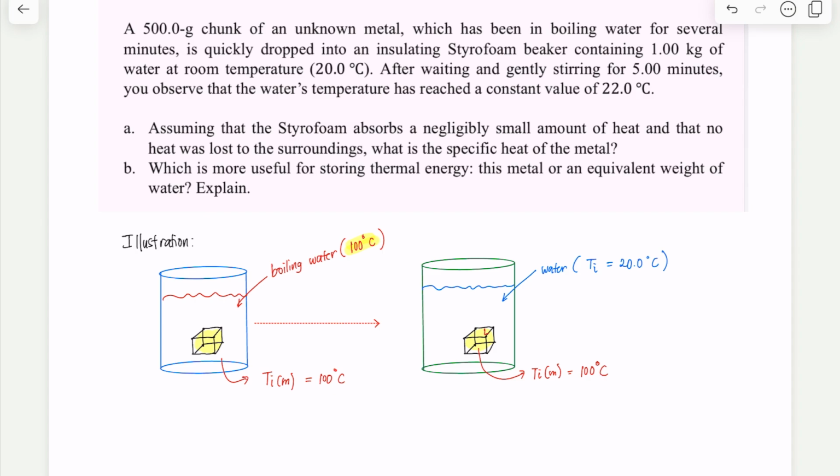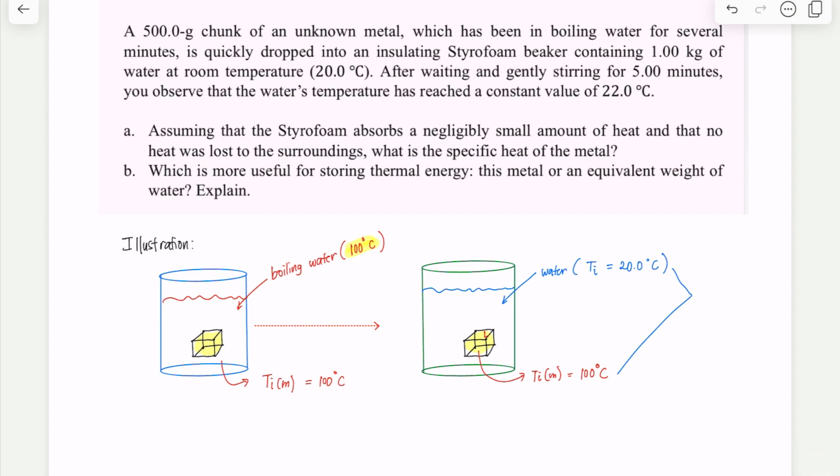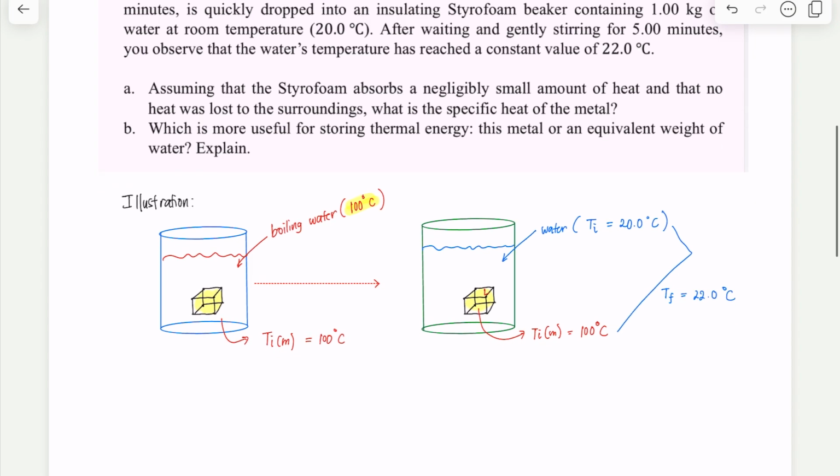But according to the problem, eventually after 5 minutes, the metal and the water reach a thermal equilibrium, and thus they are at the same final temperature of 22.0 degrees Celsius. So these are some of the things that we can deduce from the problem.